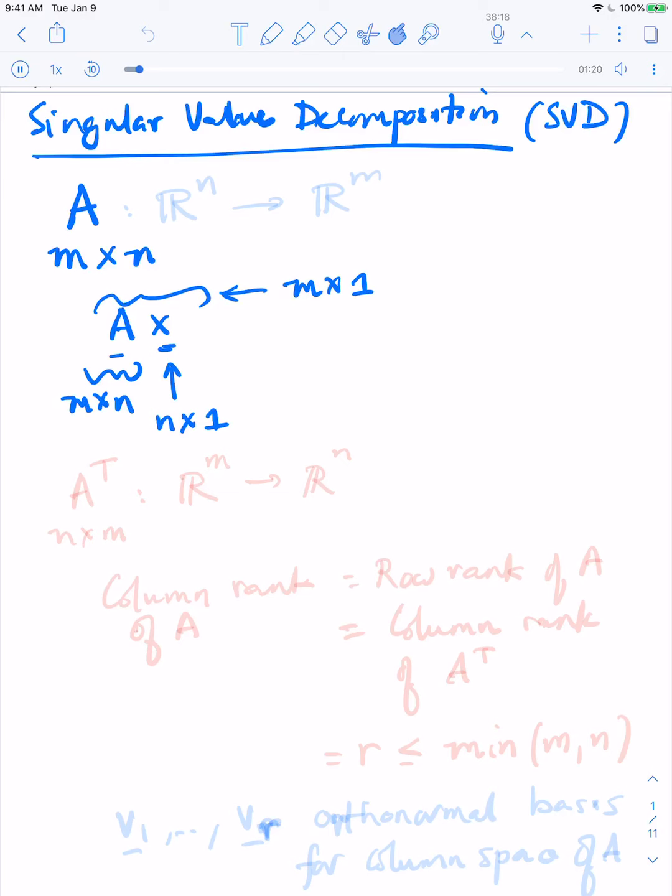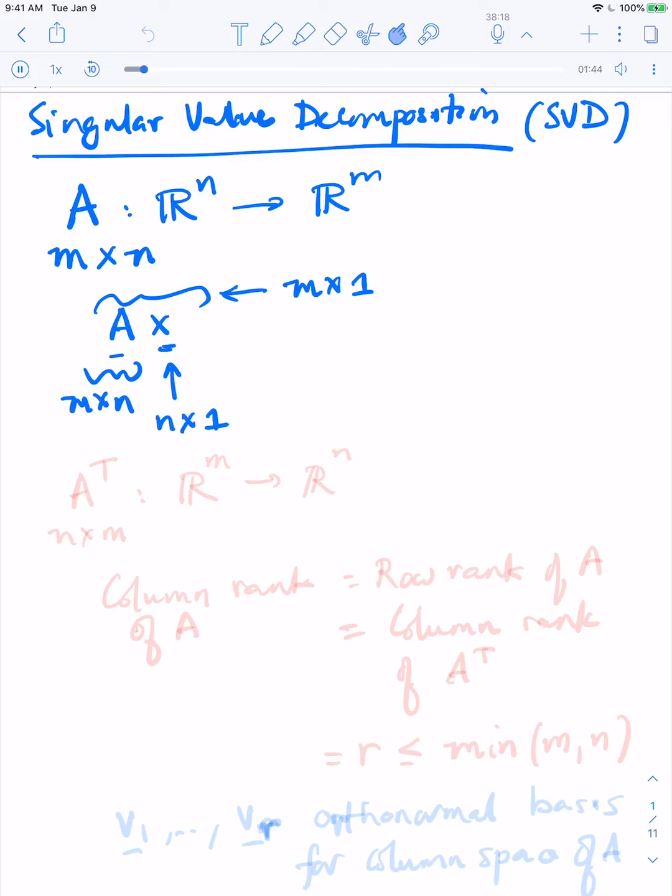So this matrix A is just a linear map from n-dimensional space to m-dimensional space. And what we are going to try to understand is the geometry of this mapping via the singular value decomposition.